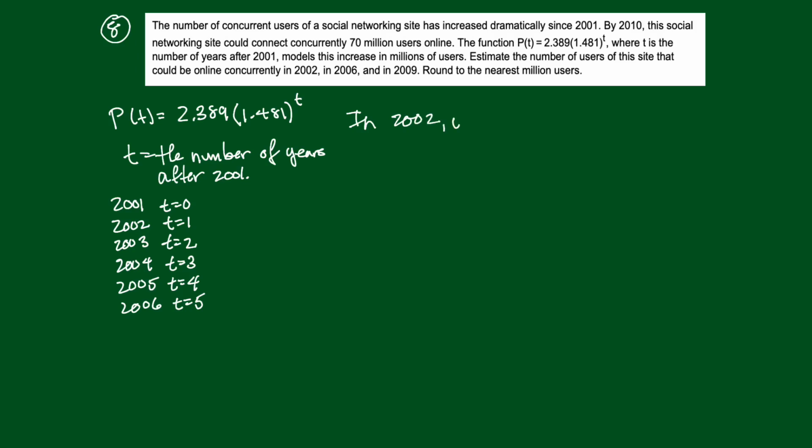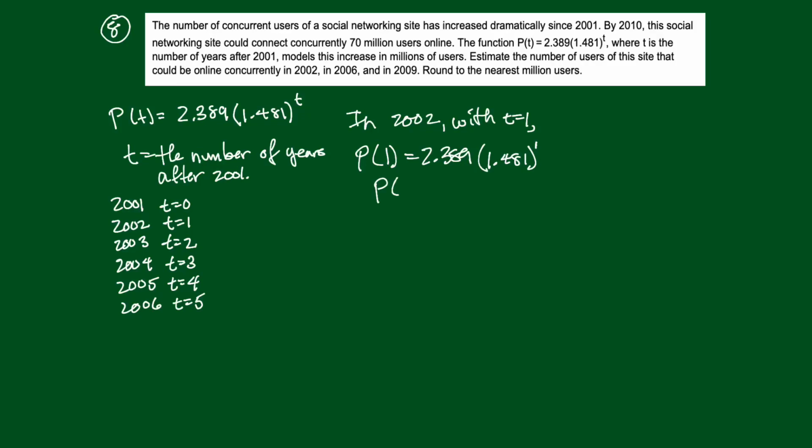So let's compute. In 2002, with t equal to 1, here's what we're going to have. P of 1 is equal to 2.389 times the quantity 1.481 raised to the first power.